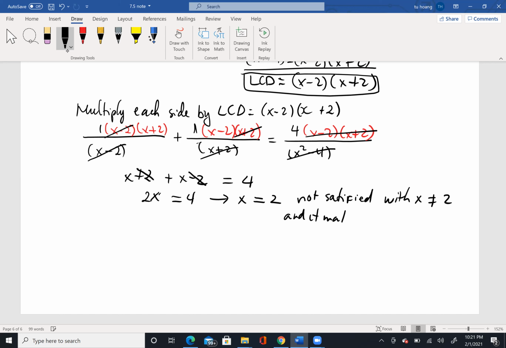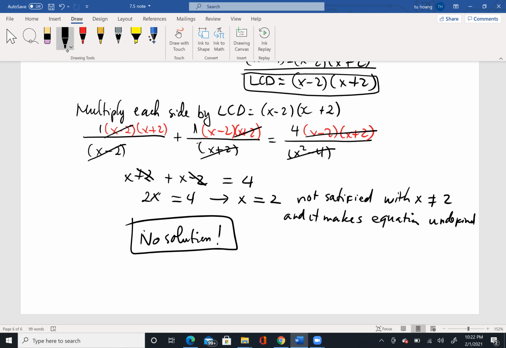It makes the equation undefined. So, no solution. Remember that no solution means there's no way to solve it. So this should be the answer.